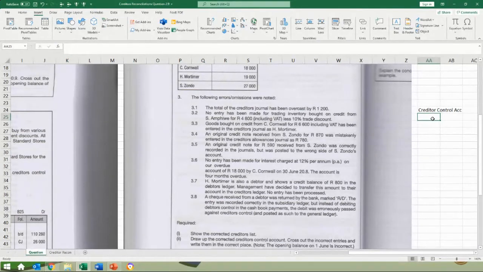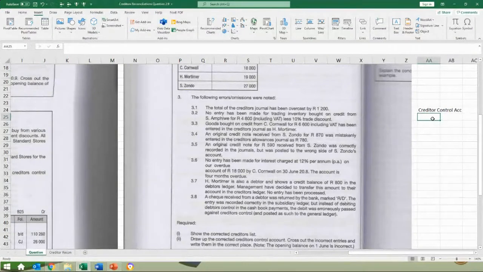So whenever you account for a transaction, whether it's in the creditors list or in our creditors control account, it's always inclusive of that. Where it is exclusive is when we account for the physical asset or expense that we paid for. Then we would show it exclusive of VAT. But in our creditors control, it's always inclusive because that is the amount that we owe our supplier.